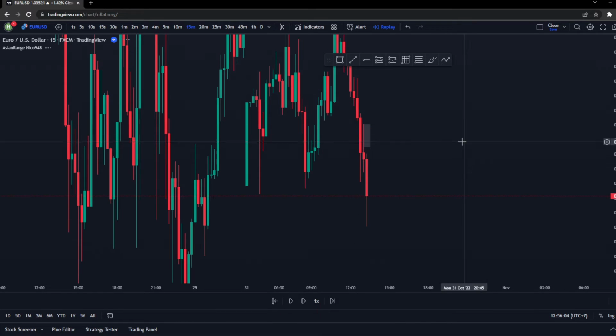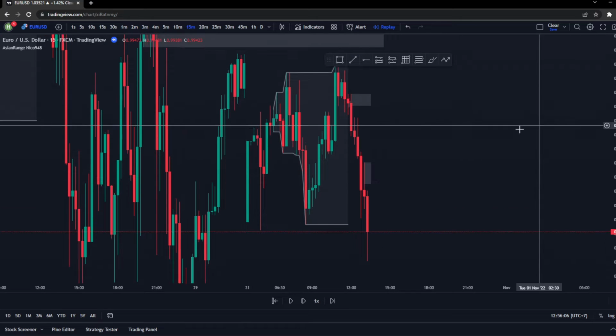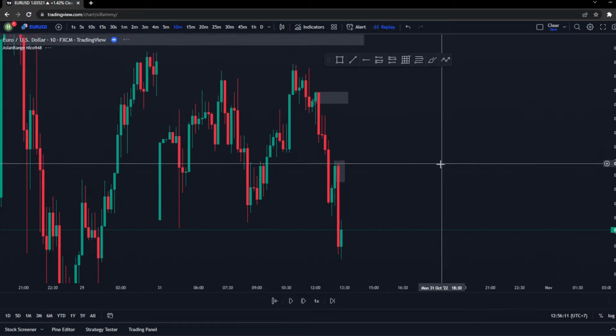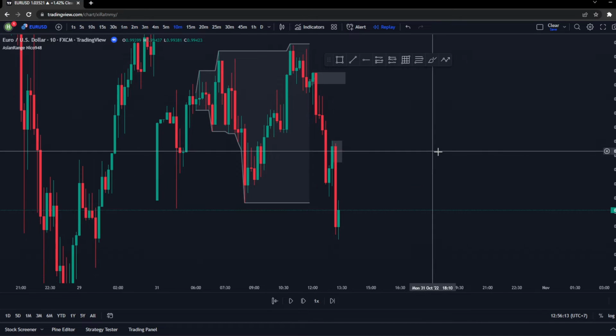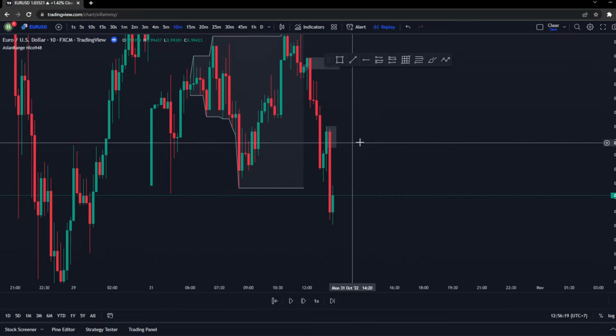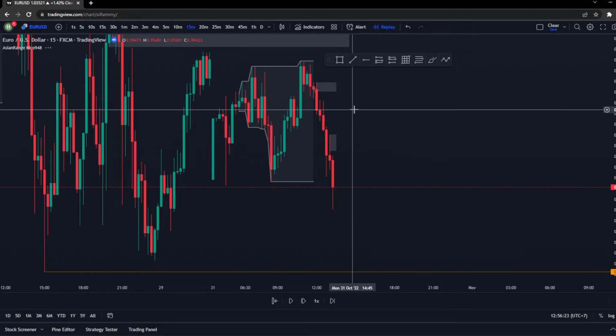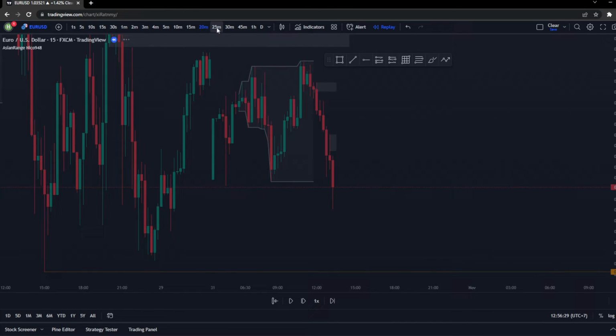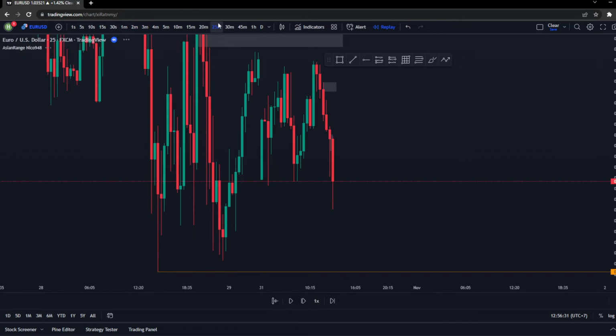Okay, so what we can see is that we have 15 minute intent and 5 minute 2 rules in the session, 10 minute 2 rules as well. So if you want to follow short, you can take follow from here, or just use the extreme of the range, which is higher time frame, which is 15, 20.